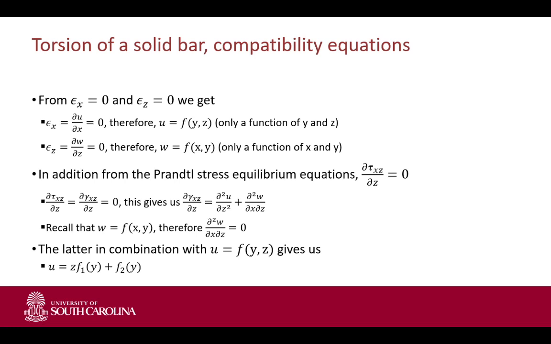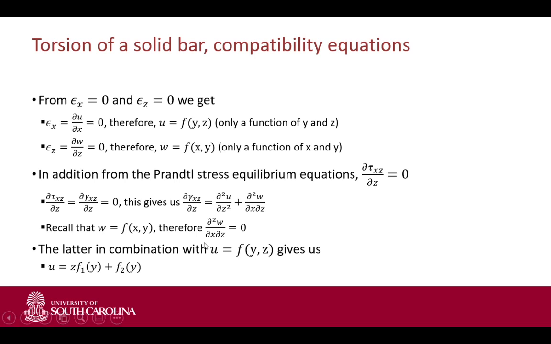So with that given, we get that partial gamma xz over partial z is equal to the second derivative of u with respect to z, and the second partial derivative of w with respect to x and z.